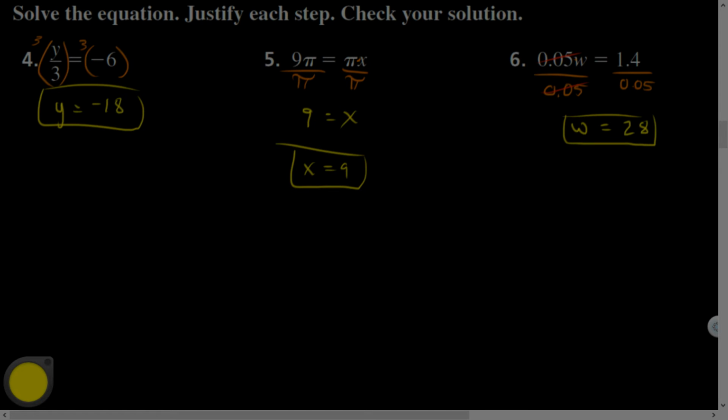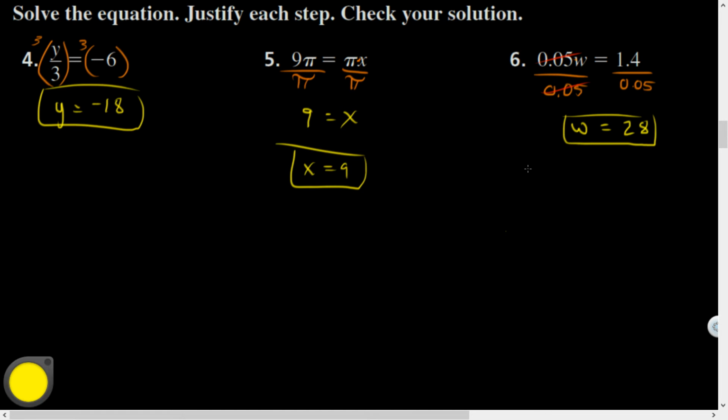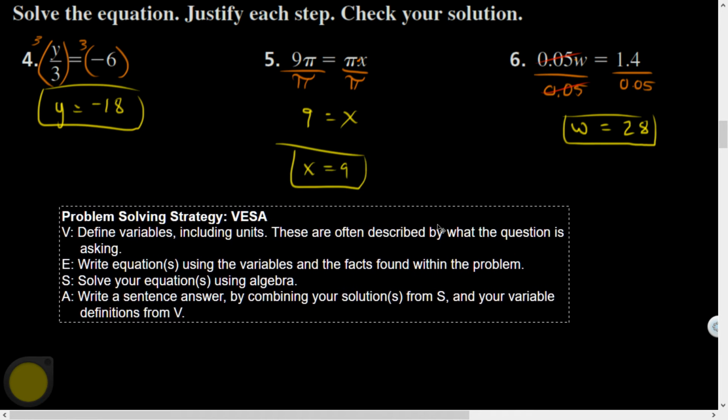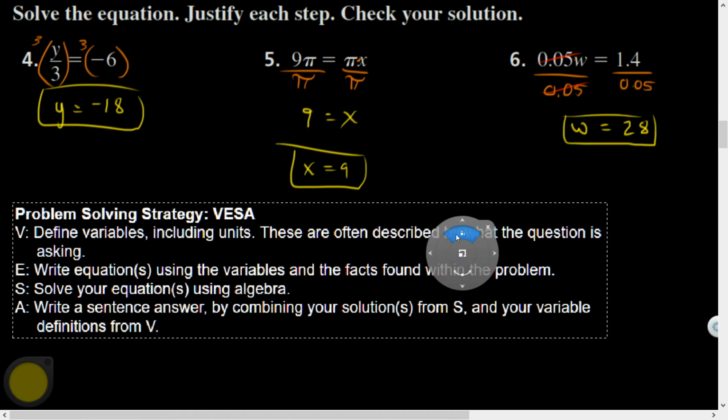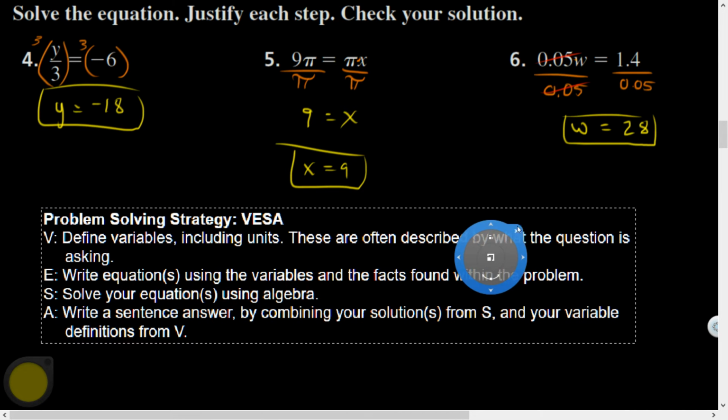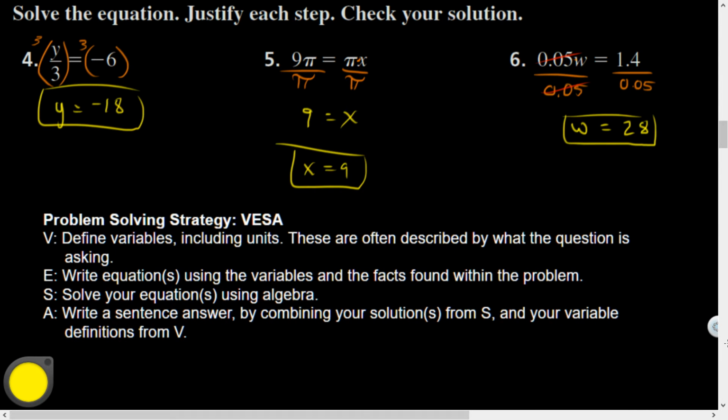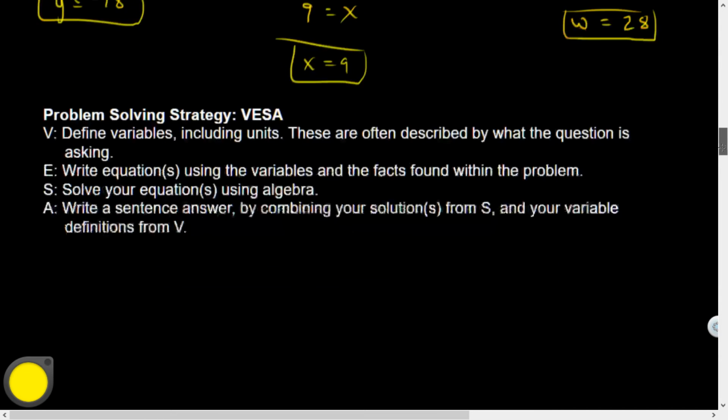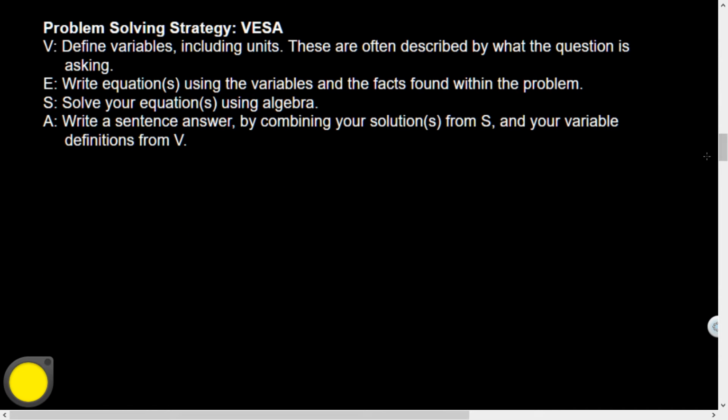Let's see. It's a problem-solving strategy, which I call VESA, V-E-S-A. All right, so if I have a word problem, VESA, like a mesa, I don't know. This is the way that we're going to try to do things in general.